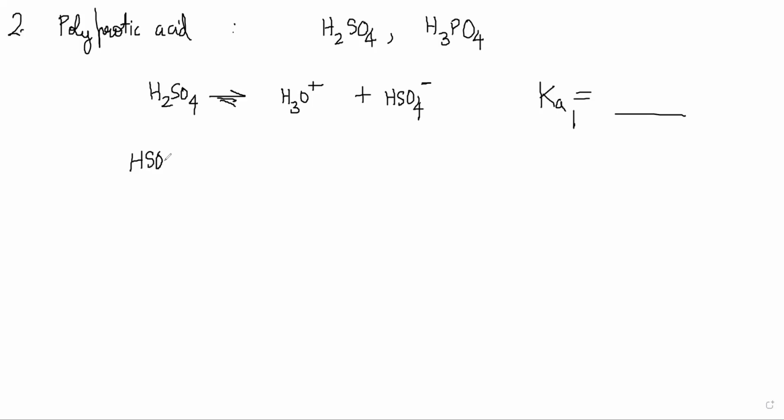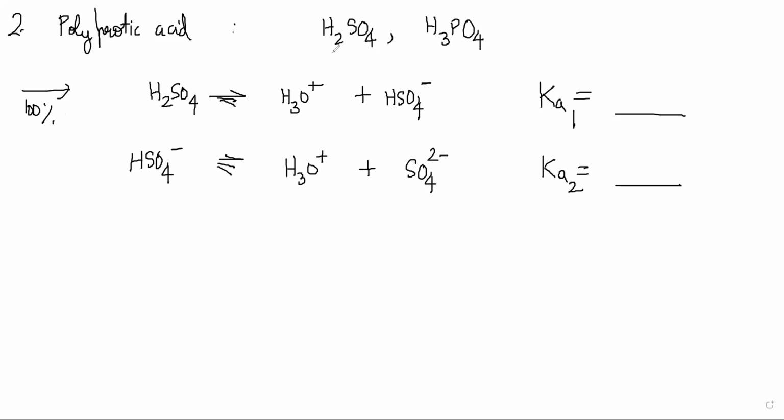and then HSO4 minus itself could also dissociate and become H3O plus again, plus SO4 2 minus, and there is a Ka2 for this step. The first step goes almost 100% because it's a strong acid. This step will not go to 100%, it will be partial.